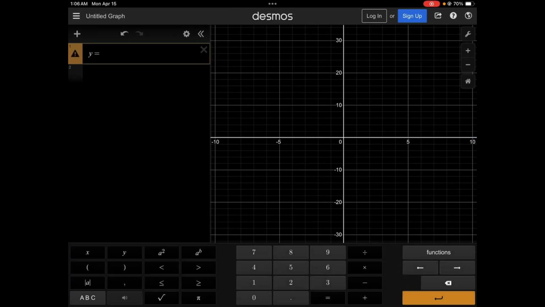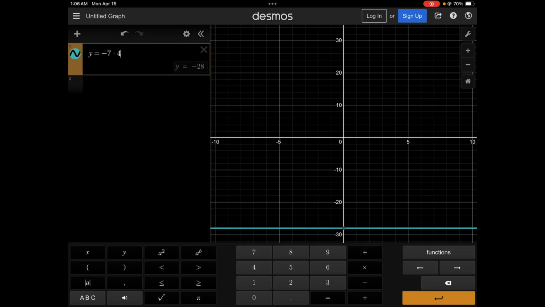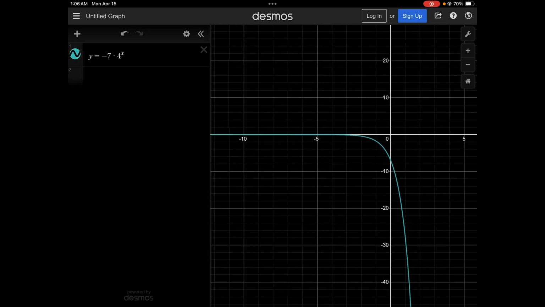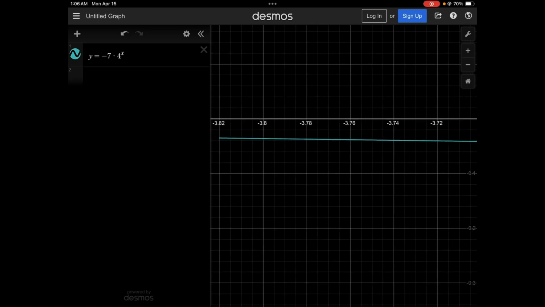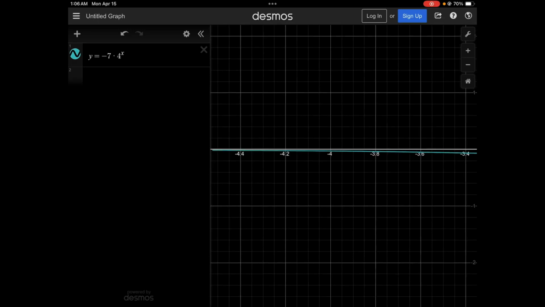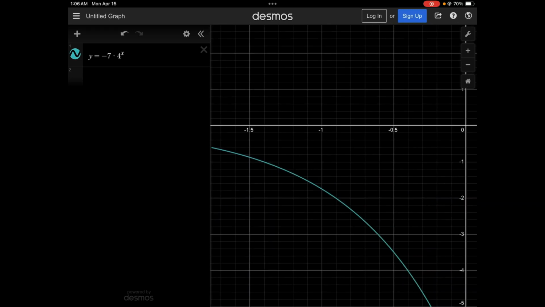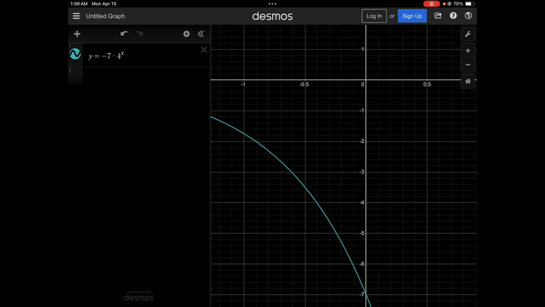Y equals -7 times 4 to the x, and we see that it looks like the asymptote is the ground because it tries to go closer and closer to the ground, but it can never touch it. So this is the asymptote. It cannot take the value 0, but it can take all other values less than 0.